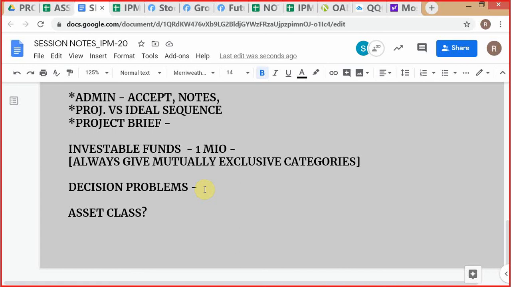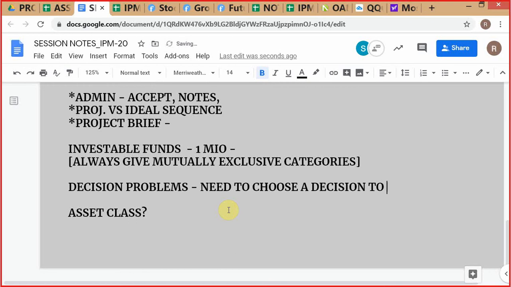So if you put it into some kind of, it's a resource allocation problem, and these are usually mutual, we can define it as a... all right. So a decision problem is, let's say, define it, you need to choose a decision.